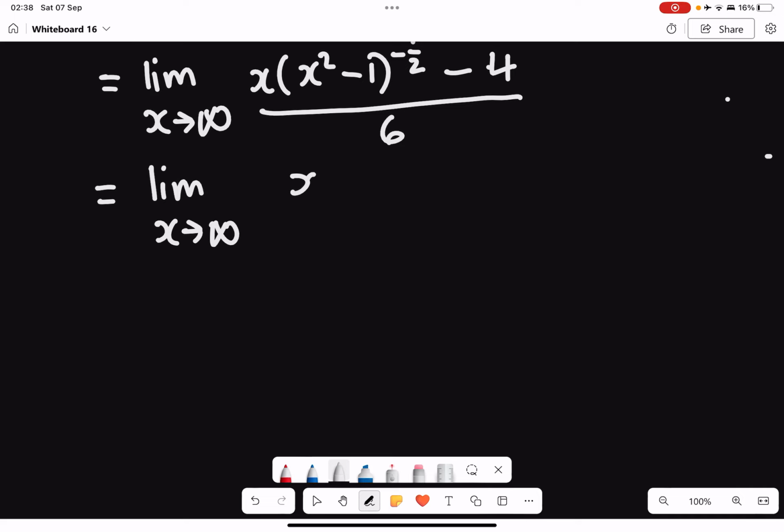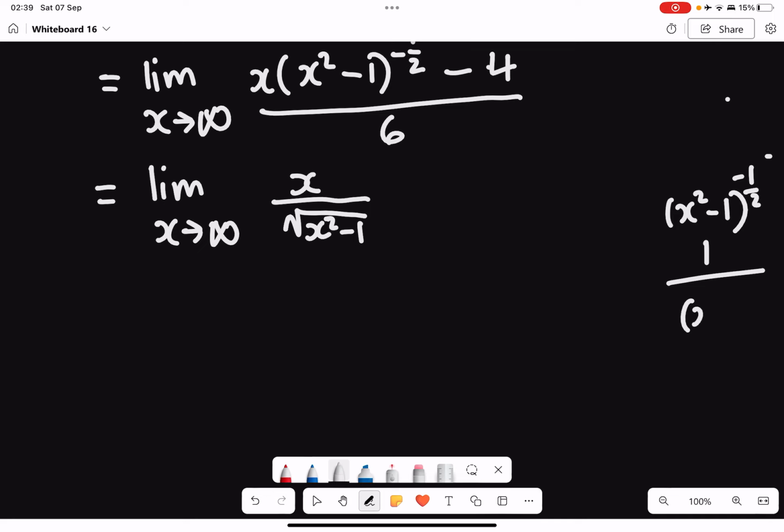Here I'm going to basically have x all over the square root of x squared minus 1, because this part here, x squared minus 1 to the power of negative half, can be written as 1 over x squared minus 1 to the power of half. But this is basically just a square root. That's how I got this part here, and the x remained on top. And then I have minus 4 all over 6.